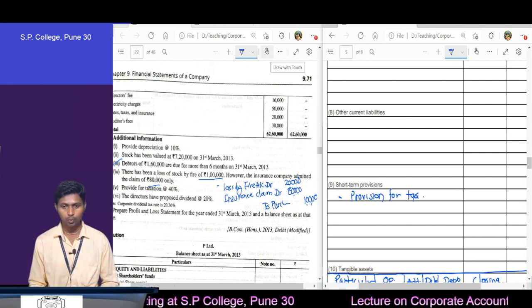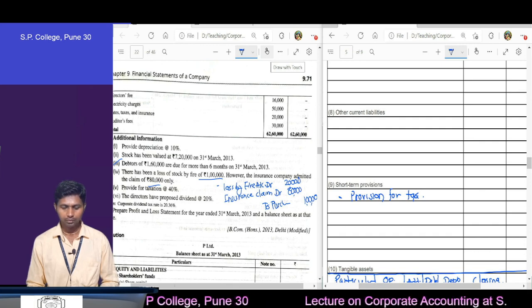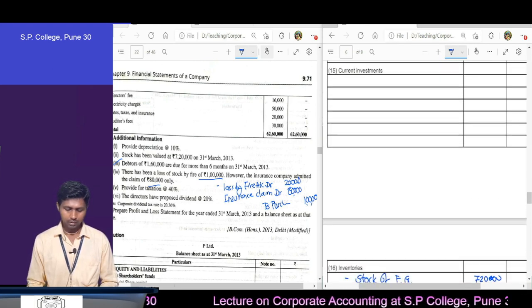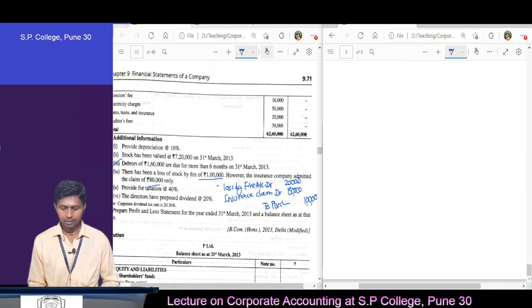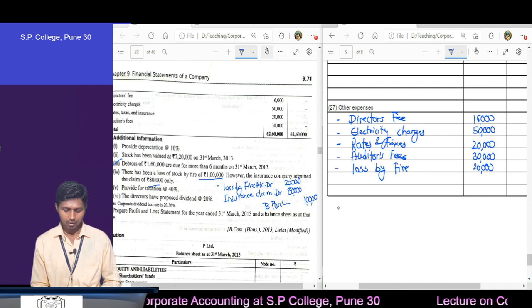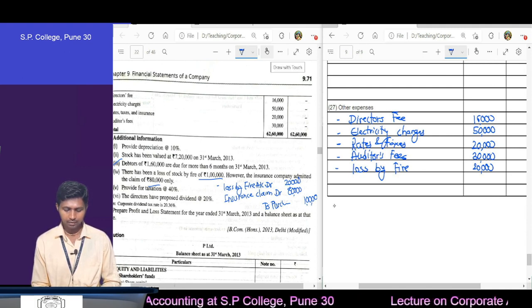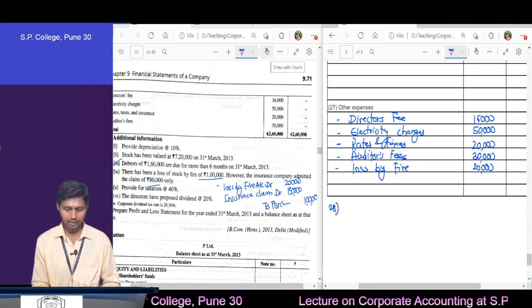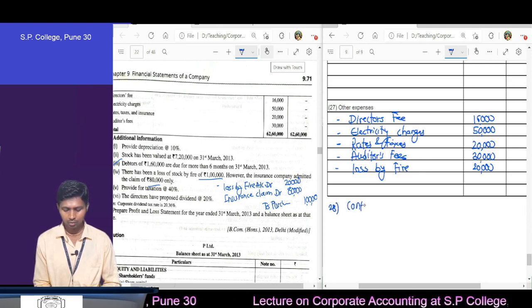Then next, proposed dividend. What about proposed dividend? I already explained, as per para 14 of AS 4, we cannot write that in the current year regular balance sheet, but below the balance sheet we can obviously write it in a contingent liability note.